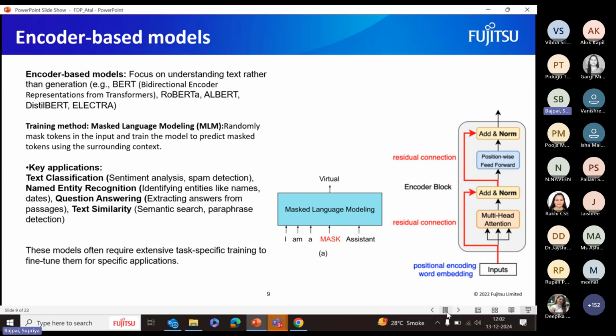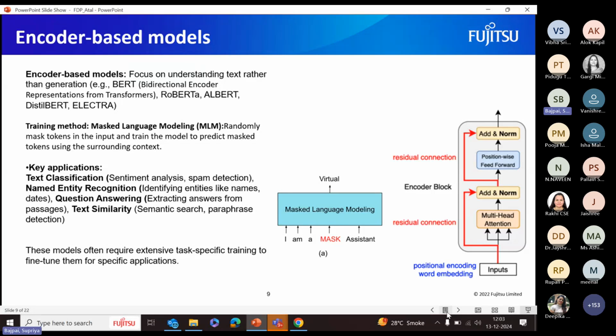And suppose you want question answering with the model, then you have to train it on a data set where it learns to extract the right answer from the given passage. So all these encoder based models are very much dependent on the fine tuning task. Otherwise, they will not perform that well.